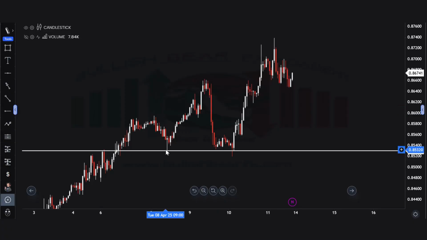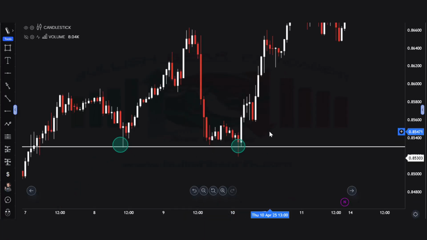There are times when you find price create a first point of support and a second point of support. But if you observe closely, you would notice how price had broken through your support line and came even deeper.